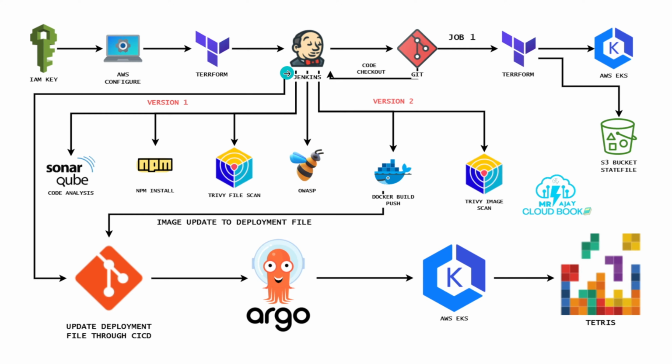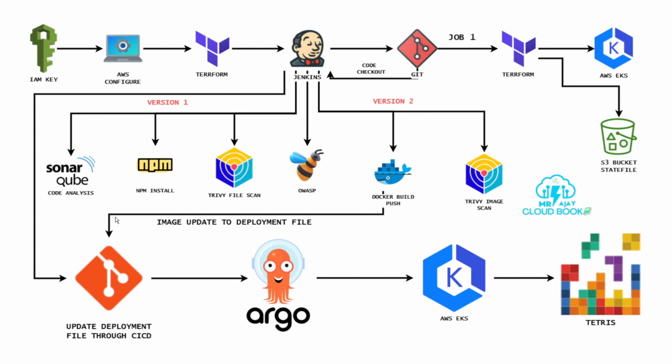And you can see that we are going to do this from the Jenkins CI/CD only, not manually. I am not going inside our deployment file and changing the image name. I am going to change that image name in deployment.yaml using the Jenkins CI/CD only.